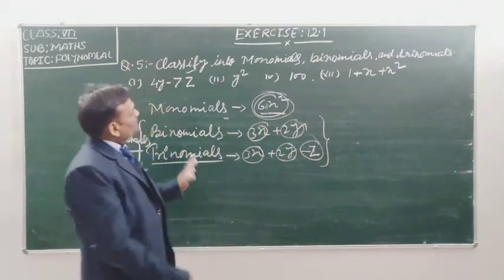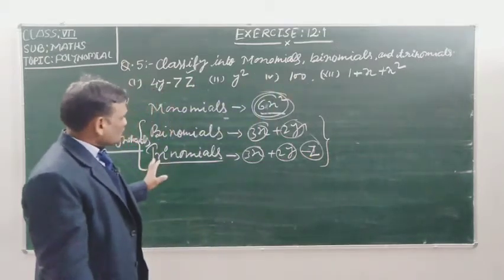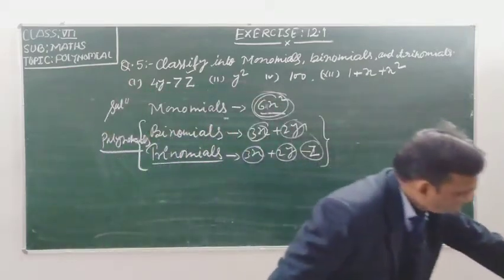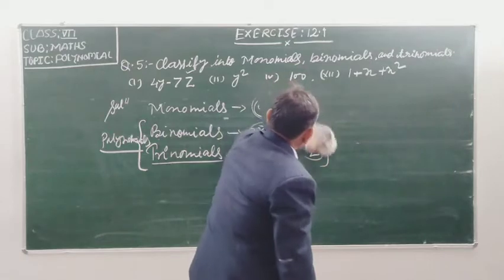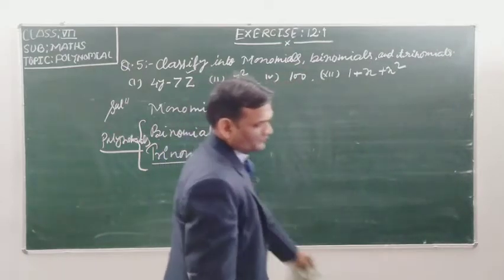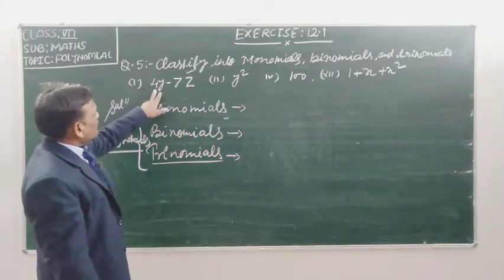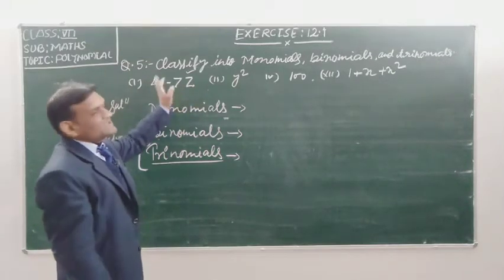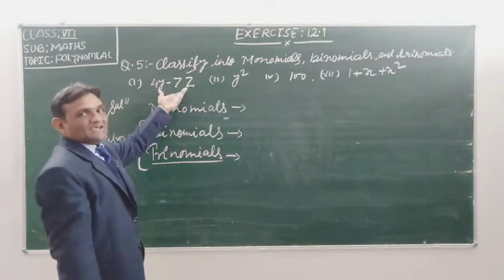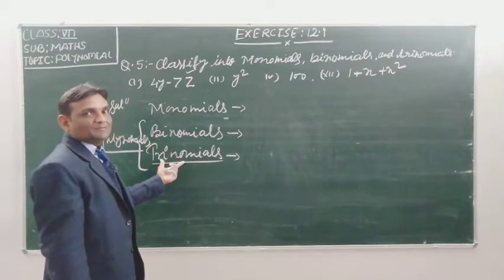So student, I hope you have understood about the monomials, binomials and trinomials. So come to your question, student. Now, the first question is very easy. 4y minus 7z. By seeing, you can see whether this expression is monomials, binomials or trinomials.